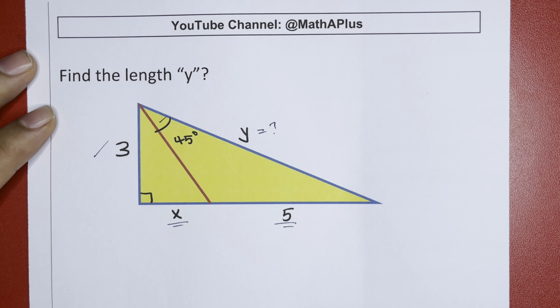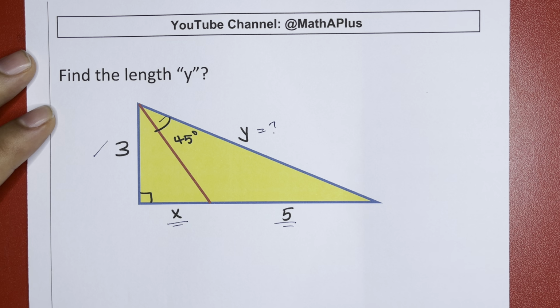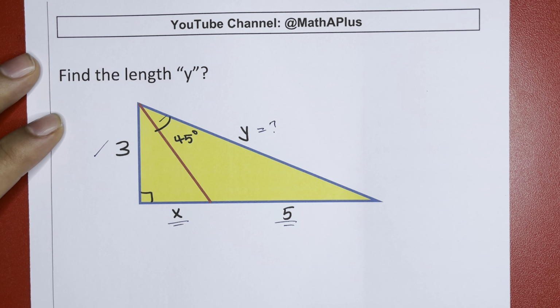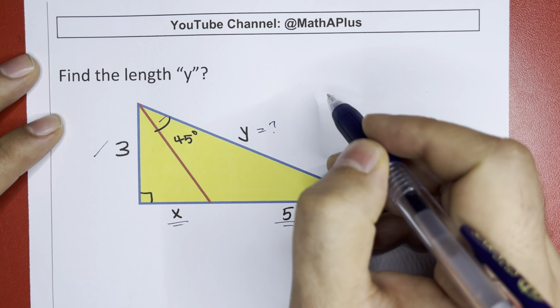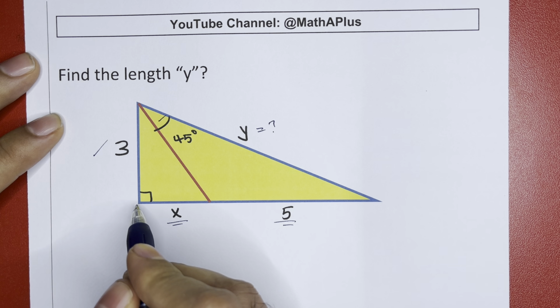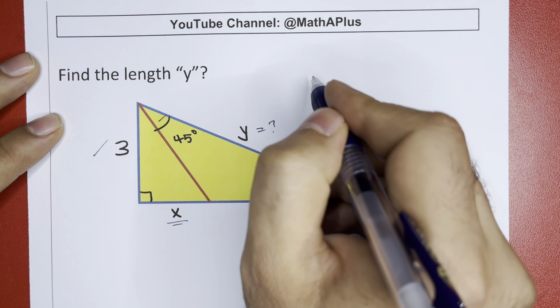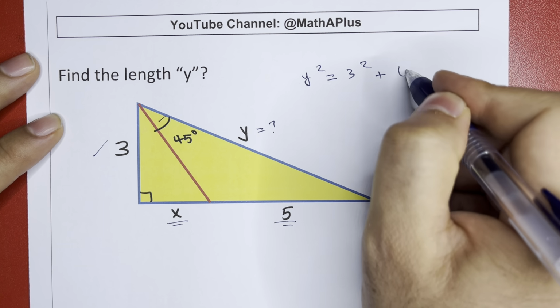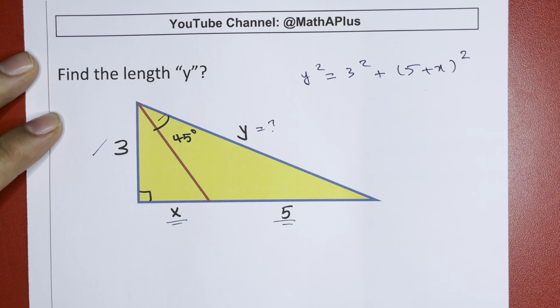Everybody can start from somewhere, especially in geometry problems. Someone starts from angle, someone from side, Pythagorean theorem, etc. The first thing that comes to my mind is I can write down that in this right angle triangle y square is 3 square plus (5 plus x) square.